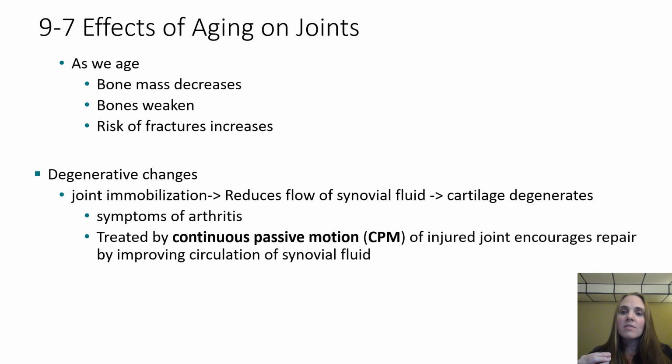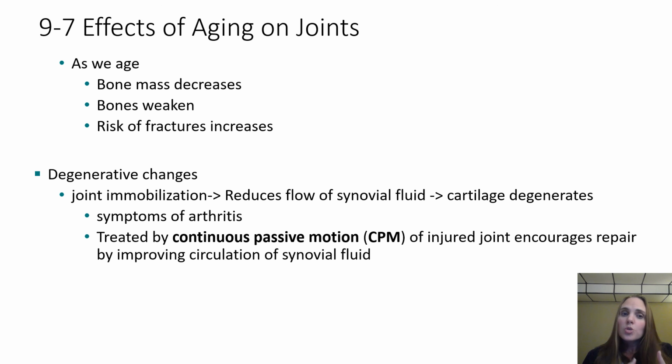And so if we don't have that synovial fluid being produced as much, and we don't have the movement of the fluid in and out of that cartilage that acts like a sponge, then the cartilage is going to degenerate because it's not getting the nutrients that it needs. And when we have this occur, we can end up with symptoms of arthritis.